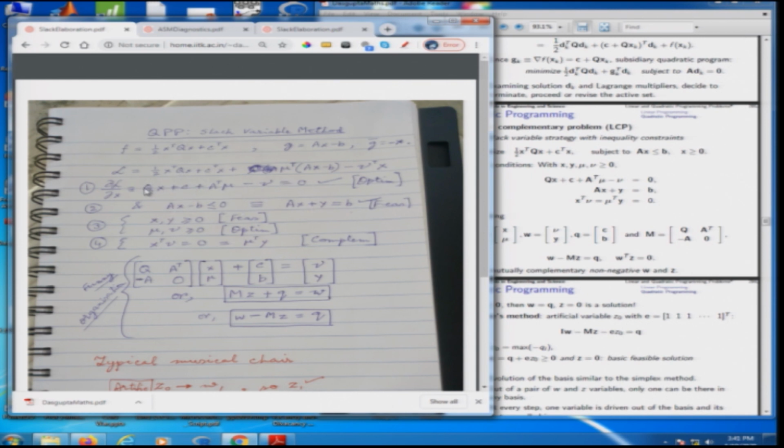So, what we do, this Q x and A transpose mu you keep on one side: Q x plus A transpose mu plus c, that also for the time being we have kept on this same side. This nu we have thrown on the other side. Okay. And then here we will do a little funny thing.